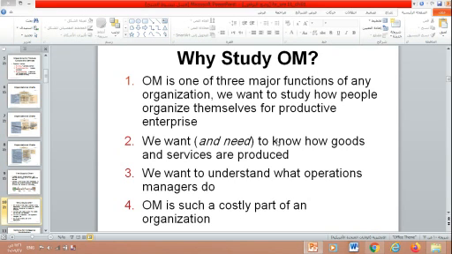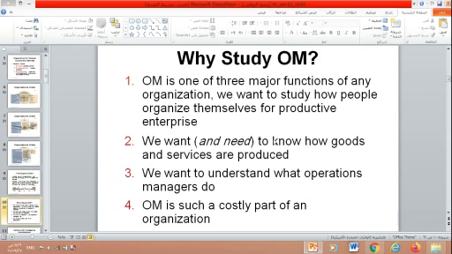Okay. The third reason is that we want to understand what operations managers do and what the main functions of operations managers are, and this will help you as a student to explore the different career opportunities in that field. And the last reason for studying operations management is that it is such a costly part of an organization.